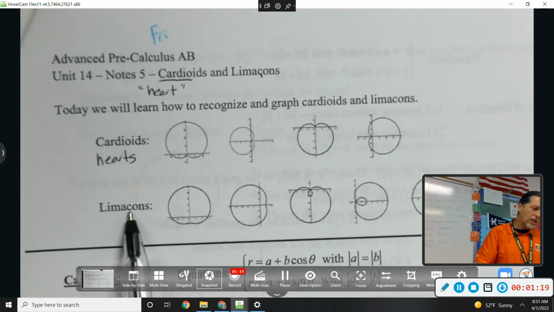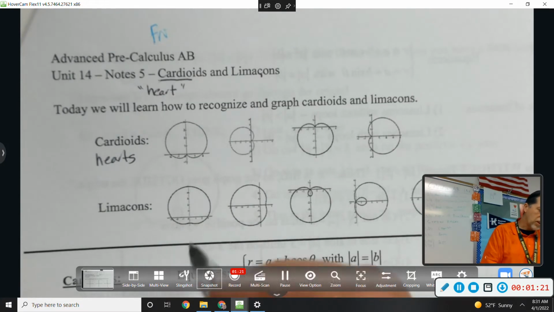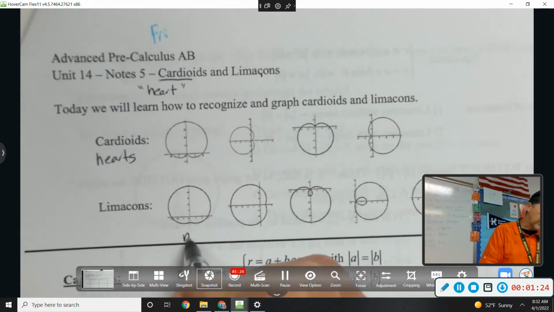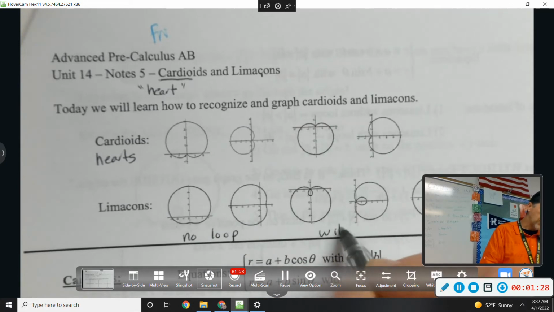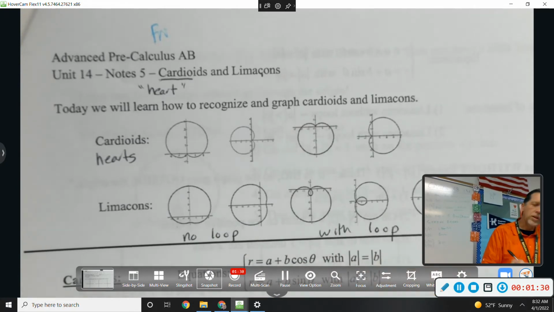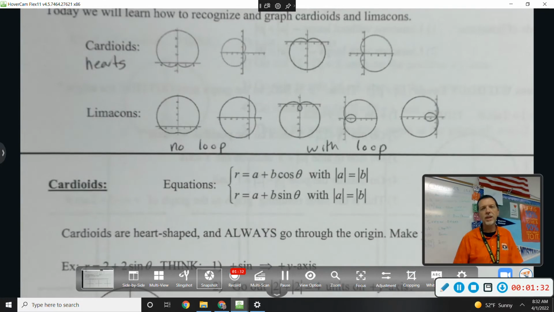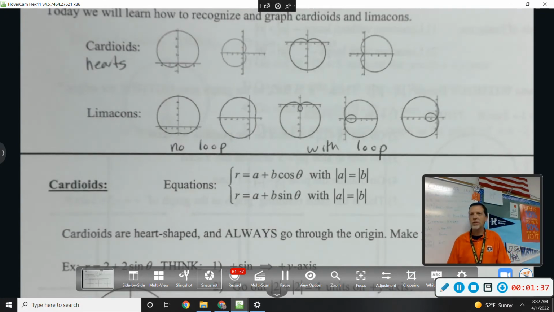Limacons are a little bit tricky because some of the limacons don't have a loop, and some of the limacons do have a loop. And by a loop, I mean that little bitty inner loopy thing. It's called a loop. It's not a fancy word for it. So some have loops and some don't.